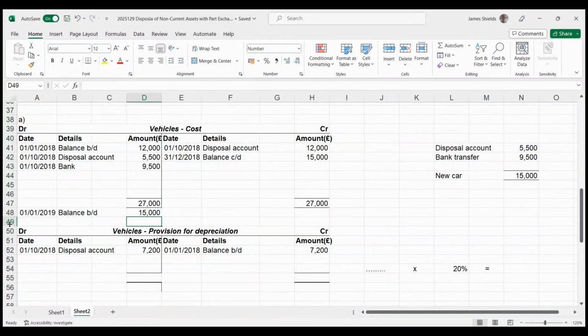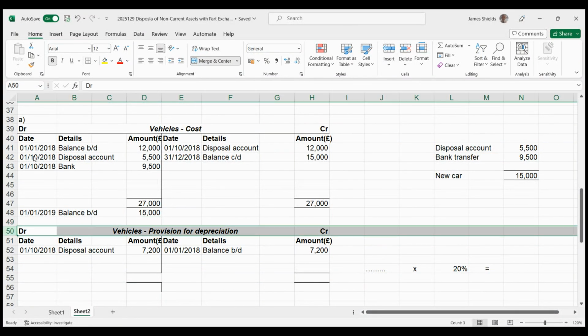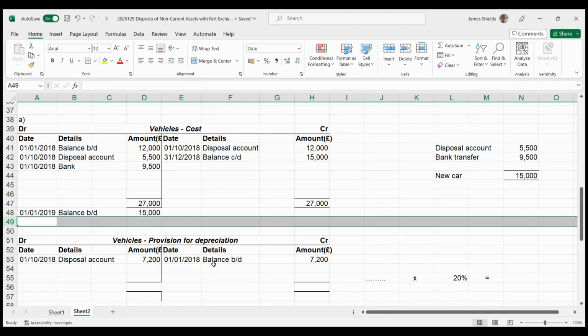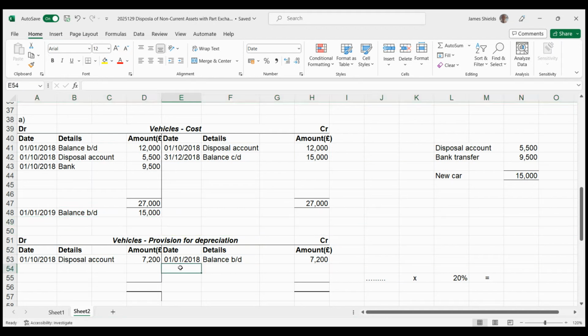Now, I'm going to do my depreciation account. So let's make a bit of space there. Provision for depreciation. So, at the end of the year, 31st December 2018, there's no depreciation on the vehicle that was sold during the year, but there is depreciation on the new vehicle. And that's going to go to our income statement.